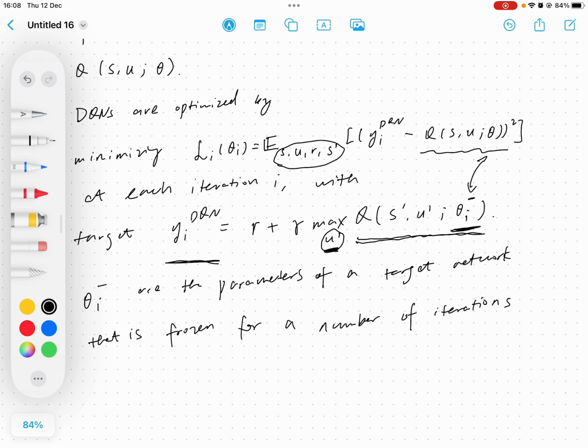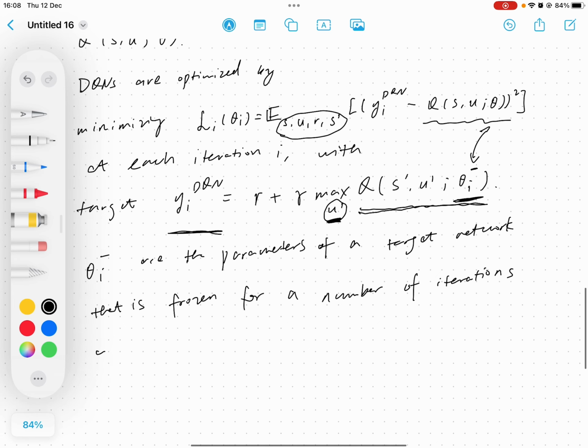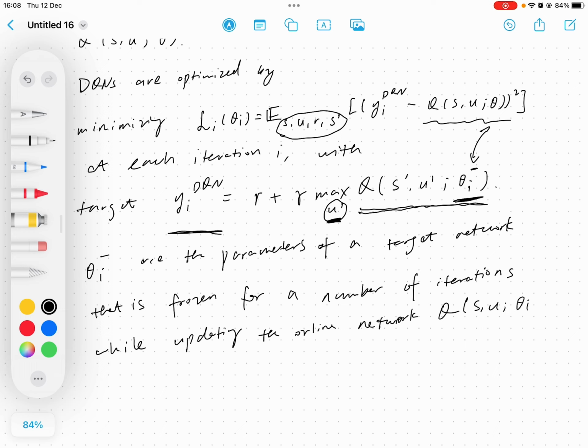Sometimes it's 5 or 10, while updating the online network Q, theta i.